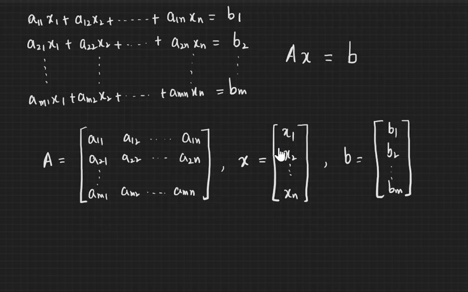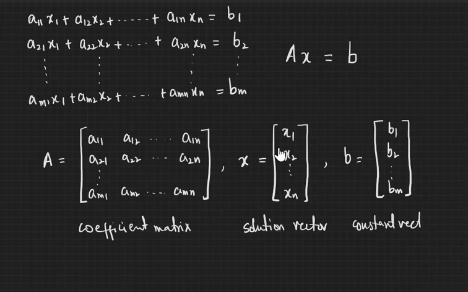This matrix A is known as the coefficient matrix, this matrix is known as the solution matrix or solution vector, and this matrix is known as the constant matrix or constant vector.